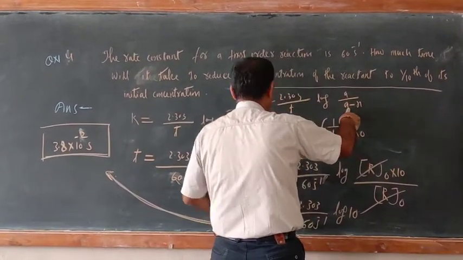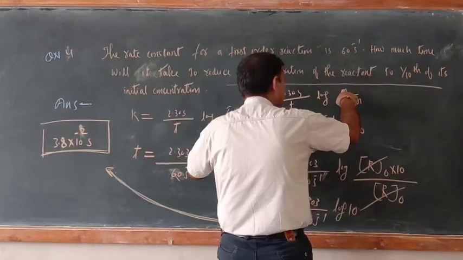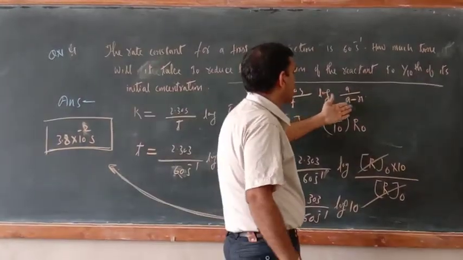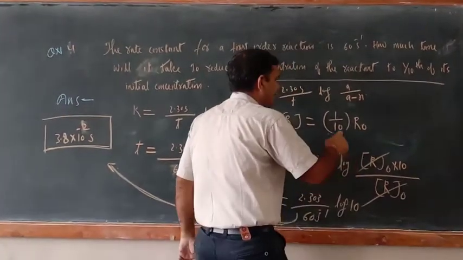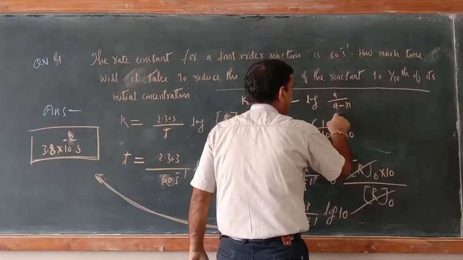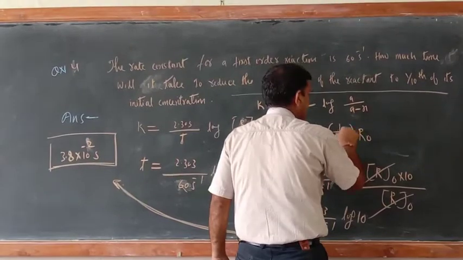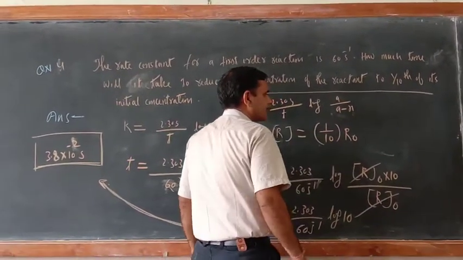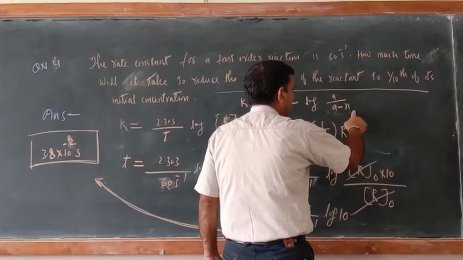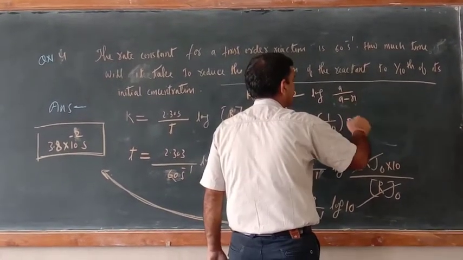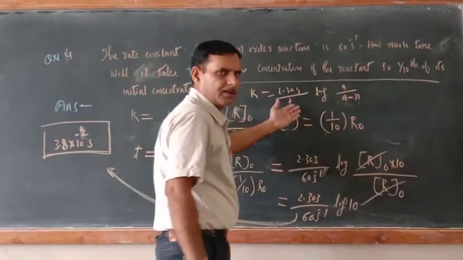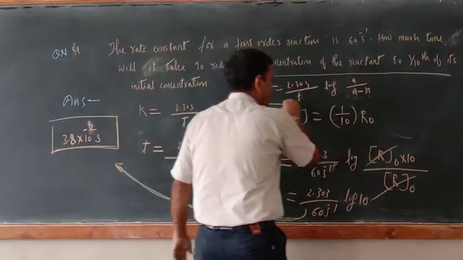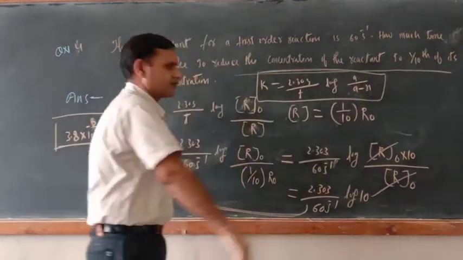So this is R and A is R0. Directly in place of A minus X you can write 1/10 A, the initial concentration. So A will cancel out, and you will get almost the same answer. You can solve with the help of this formula also.